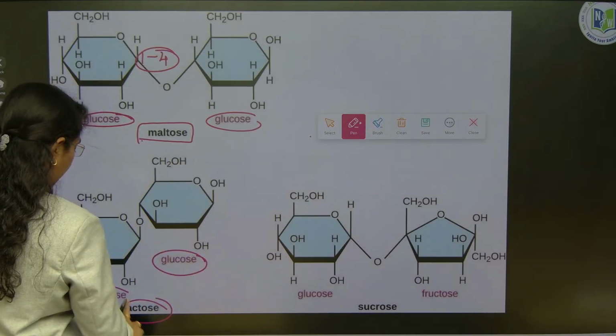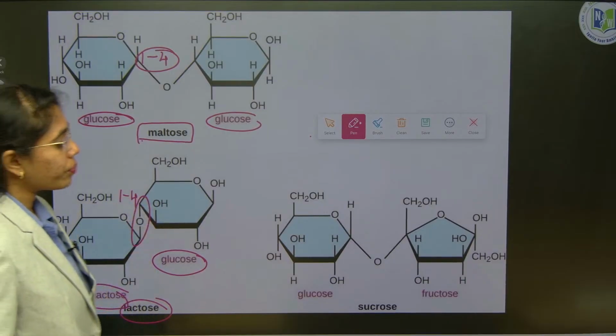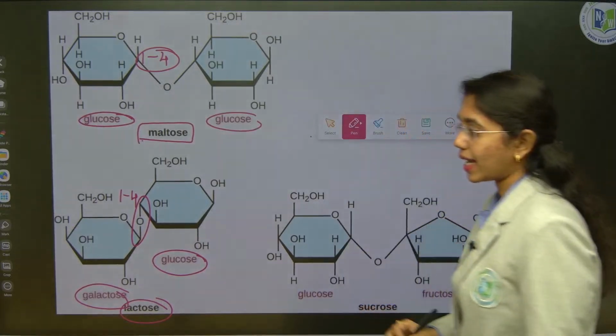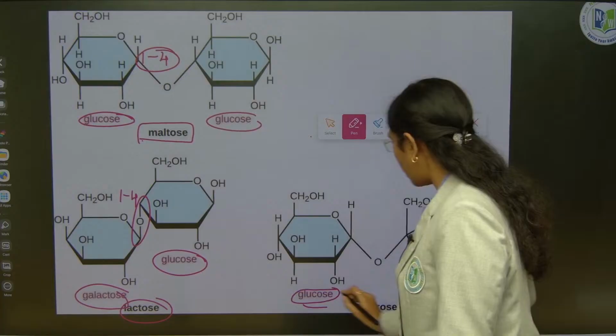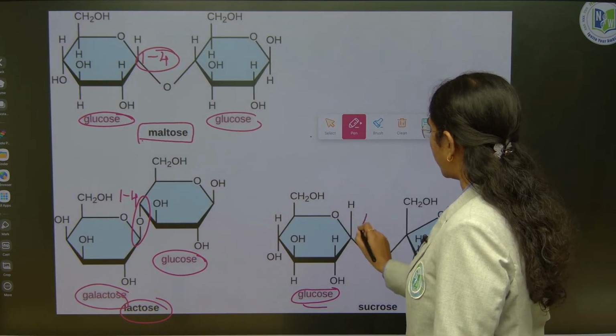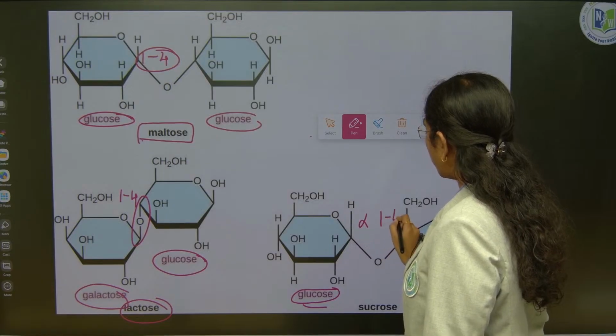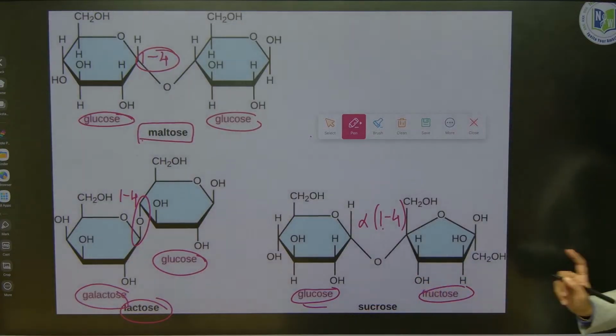Glucose and galactose, again by 1,4 glycosidic linkage. Next, sucrose is a disaccharide having 2 monosaccharides, glucose and fructose. Clear, right? Maltose, lactose and sucrose.